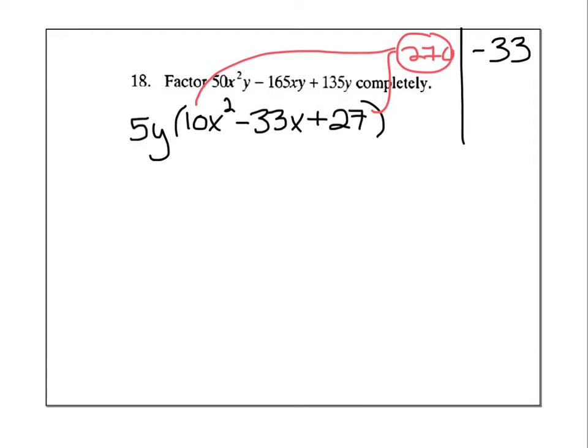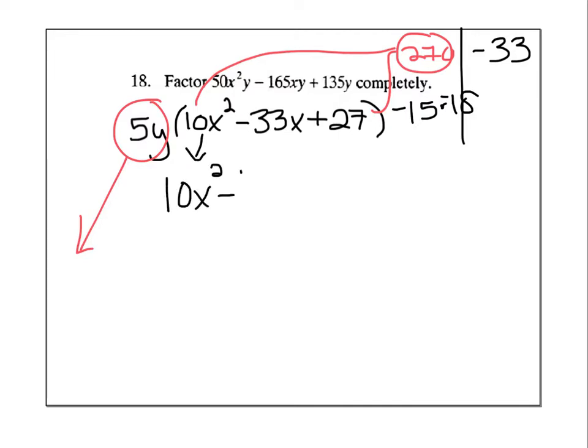And the pair is going to be 15 and 18. In order to multiply to a positive but add to a negative, they both need to be negative. The GCF, I'm going to bring that down at the end. So I bring down 10x squared minus 15x minus 18x, and then bring down the 27, or c.